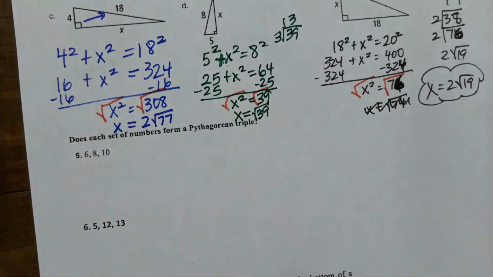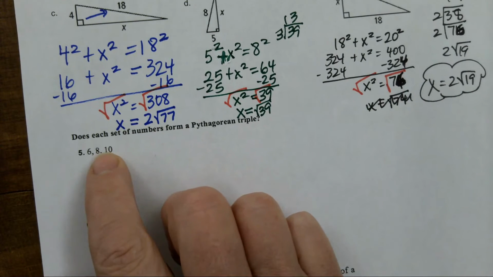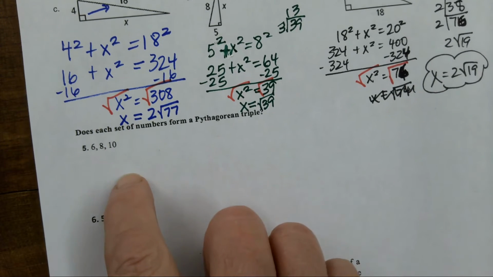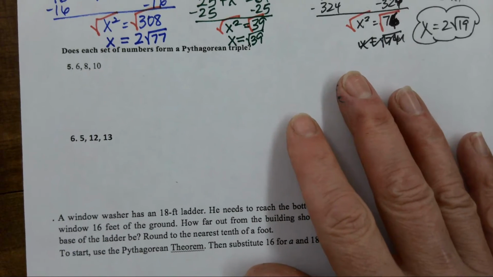If you have a nice answer for all of them, it's known as a Pythagorean triple. And in fact, I have a whole list of Pythagorean triples on the sideboard. Those are all measurements of sides that could make a right triangle with perfect numbers. How can I check if I don't have those things memorized? Well, all I need to do is plug this into the Pythagorean theorem and see if it comes out nicely.